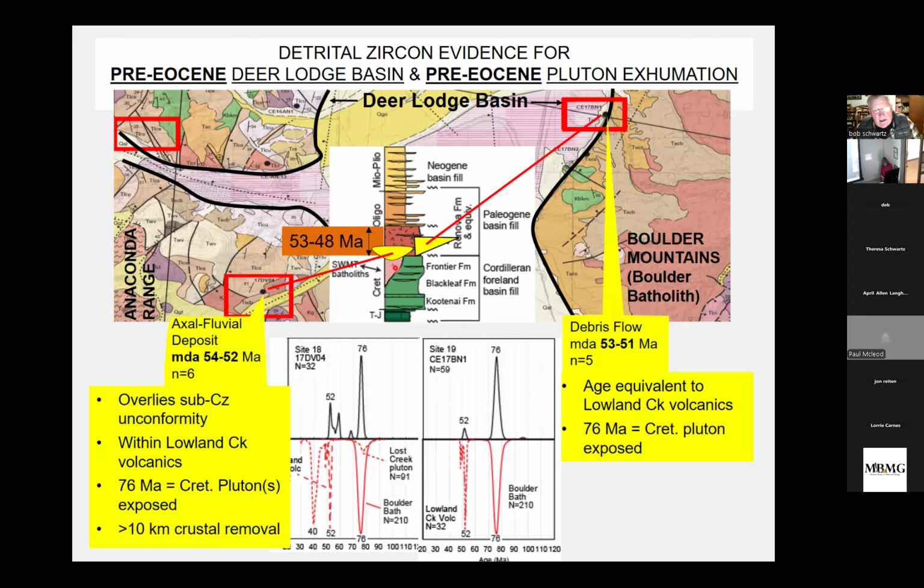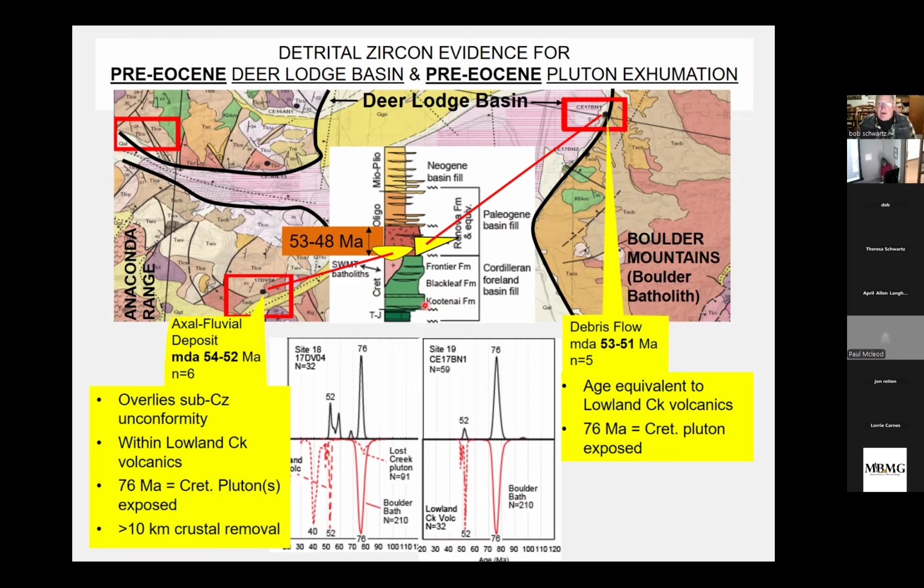And the fact that that granitic pluton is exposed, if one considers thermobarometric data for the region, implies that greater than 10 kilometers of crust had to be removed before deposition of fluvial sediments occurred on top of this, which would require a significant amount of geologic time.